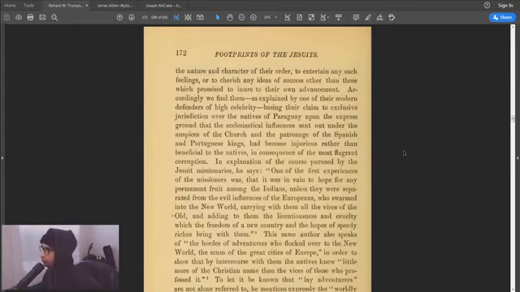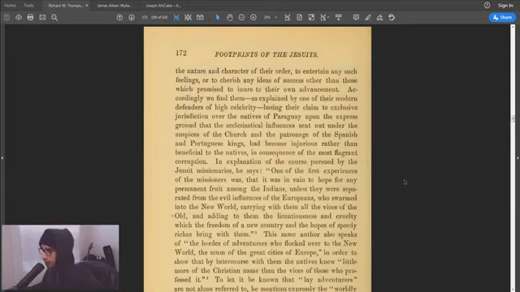In explanation of the course pursued by the Jesuit missionaries, he says, quote, "One of the first experiences of the missionaries was that it was in vain to hope for any permanent fruit among the Indians unless they were separated from the evil influences of the Europeans, the white man, who swarmed into the New World carrying with them all the vices of the old, and adding to them the licentiousness and cruelty which the freedom of a new country and the hopes of speedy riches bring them."